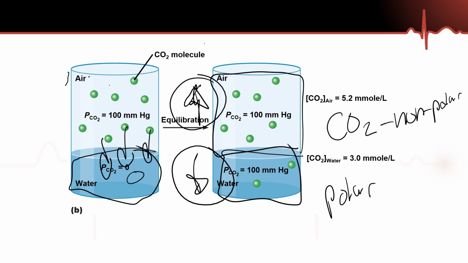Carbon dioxide will move from the air into the fluid, and they'll both end up with partial pressures that are exactly the same. But yet their concentrations will be vastly different. There will be much more carbon dioxide within the air than there will be within the fluid. And yet again, that's because so few carbon dioxide molecules actually needed to go into the fluid to drive the partial pressure of carbon dioxide of the fluid up to the same as the partial pressure of carbon dioxide within the air.